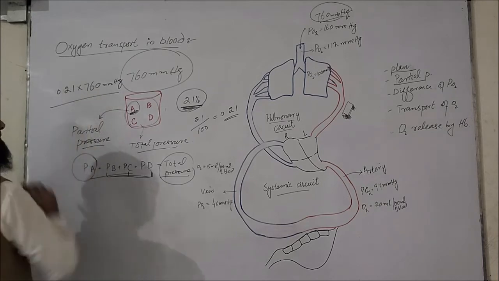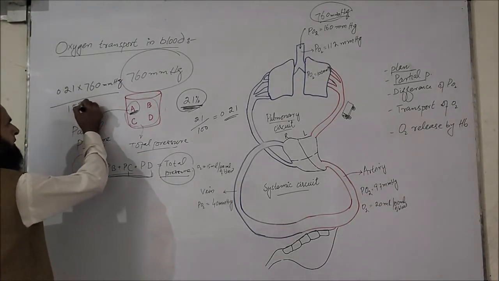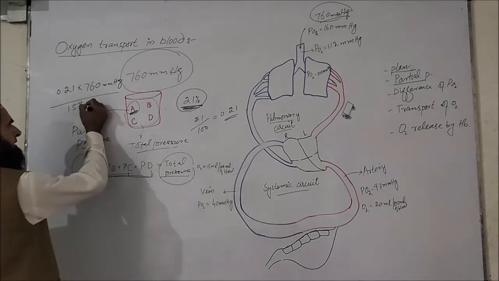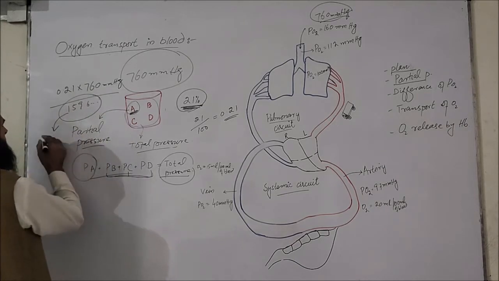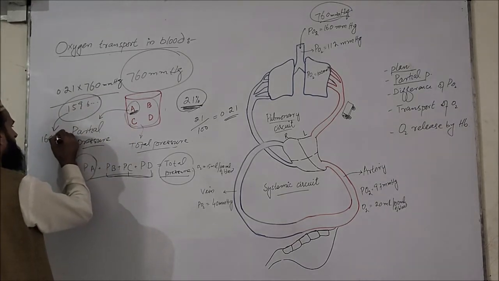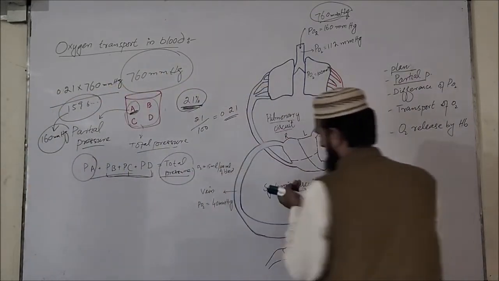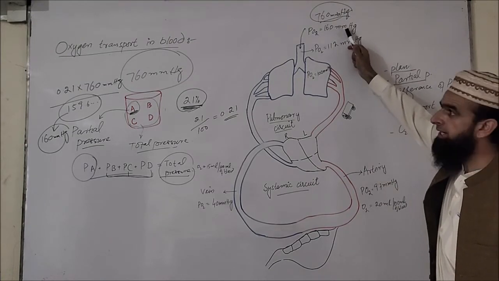So if we multiply it by 760, it becomes 159 point something, 159.6 or 4 something. Then we take this 159 as 160 millimeter of mercury. So how does this partial pressure of oxygen become 160 millimeter of mercury?